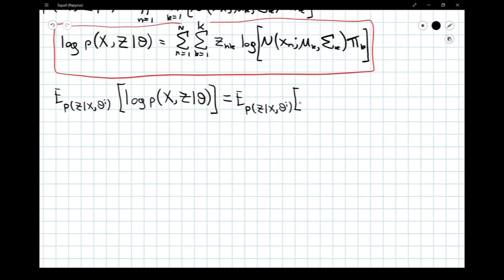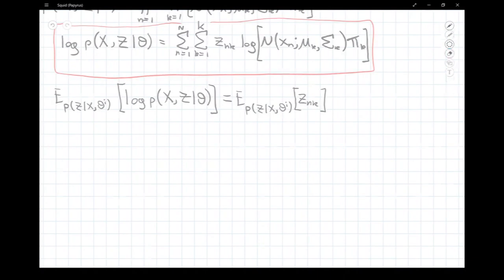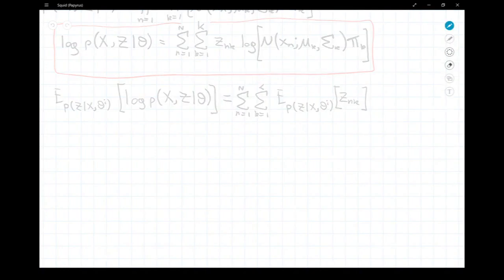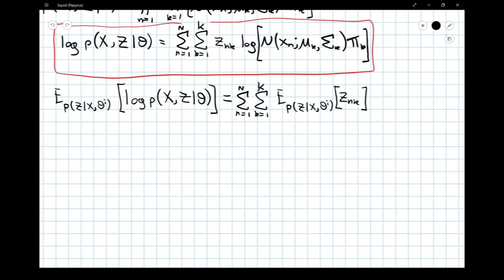So now that's going to be applied to znk. And then all we've done is write the expectation here, over those z, so everything else remains the same. It's still summed over n and k, and it's still going to be multiplied by this thing here.